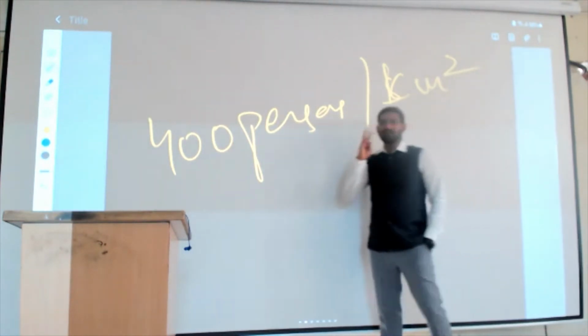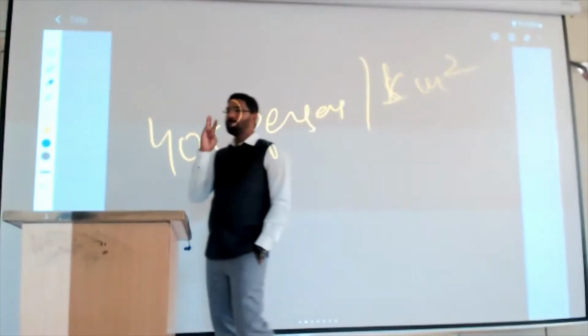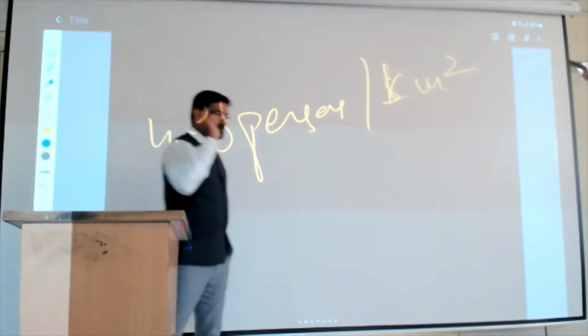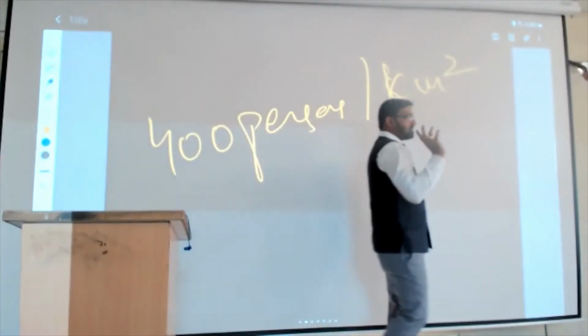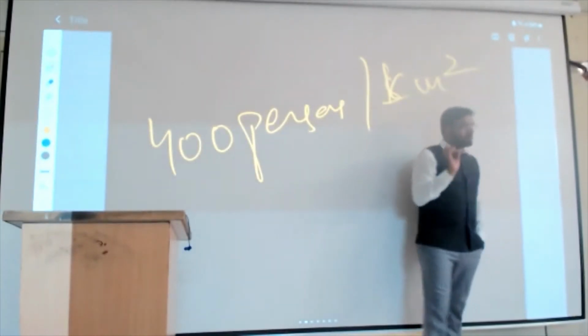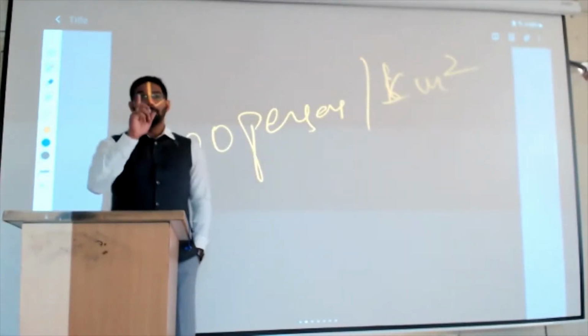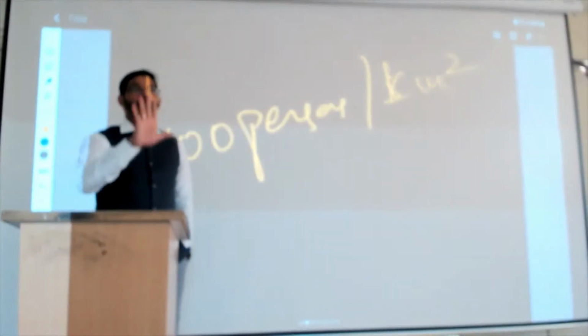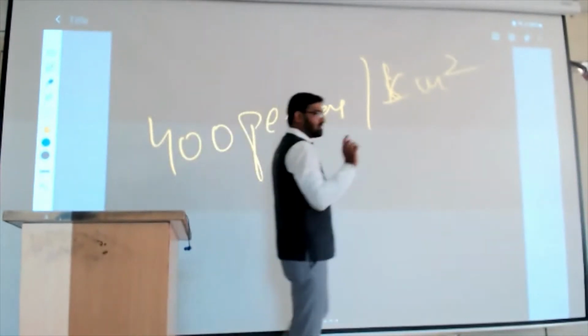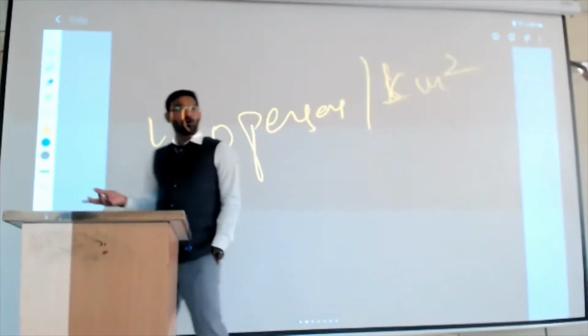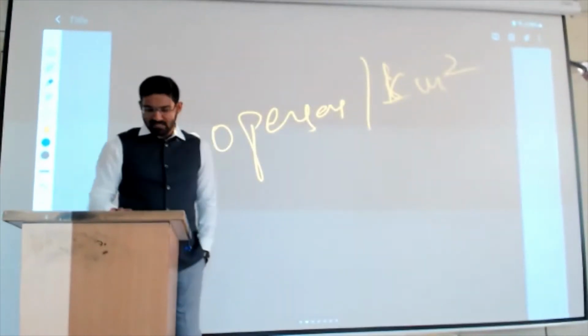So these are the 3 criteria for calling any settlement an urban settlement. That place is called a census town.